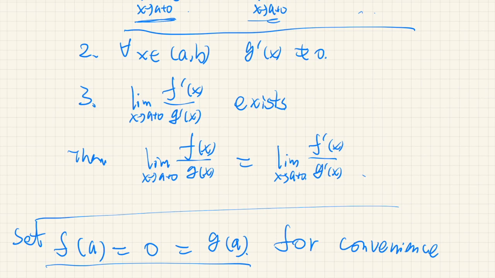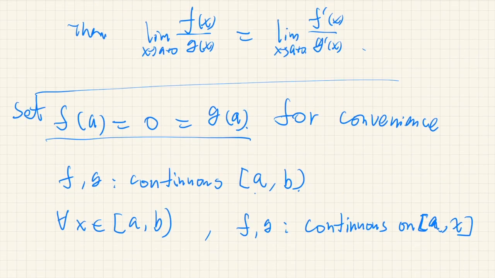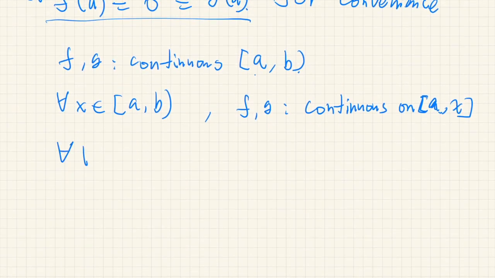And from the second condition, for all t in the interval between a and x, g prime of t is non-zero. Okay, now we can apply Cauchy's mean value theorem.